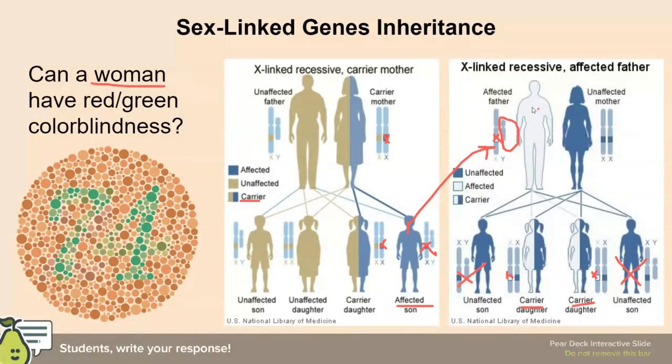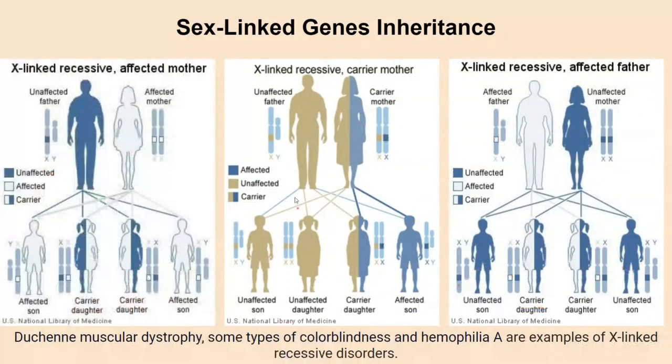But what if we had an affected father and a carrier mother? If we had an affected father and a carrier mother, we might end up with a daughter that is affected. And it does happen, it's just very rare. So this doesn't really show what I was describing.